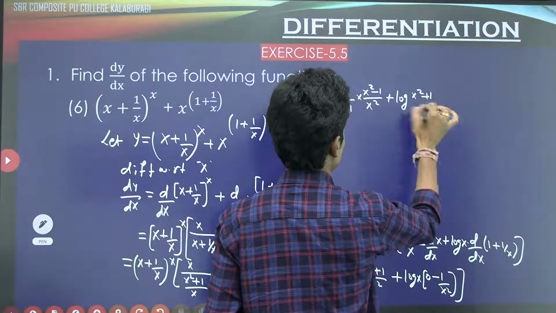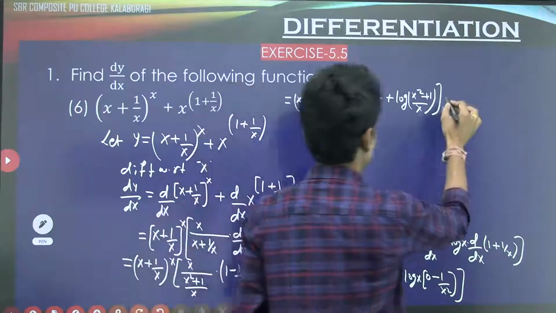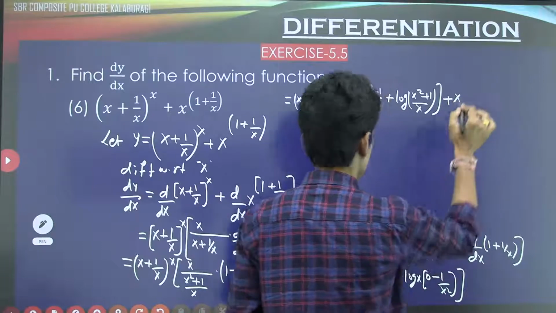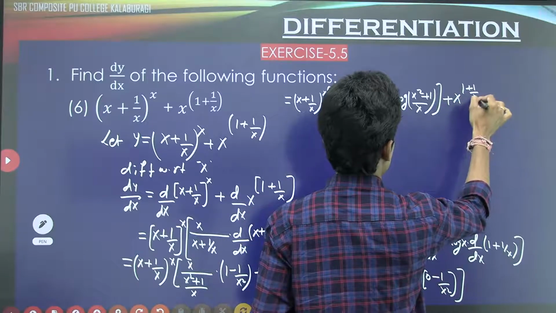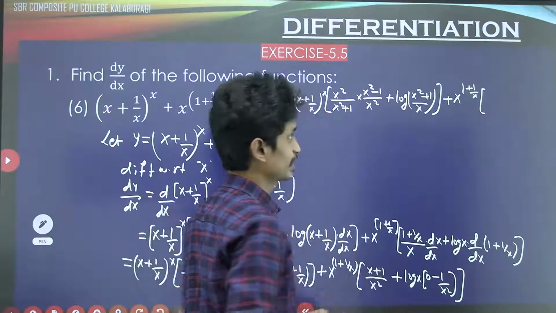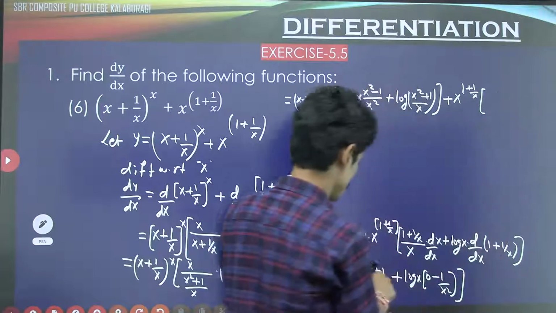How much will it be? x square plus 1 divided by x, close bracket. And inside this side plus, how much will it be? x power 1 plus 1 upon x inside the bracket. Here also 1 by x square, here also 1 by x square. So taking LCM as x square, what remains here?